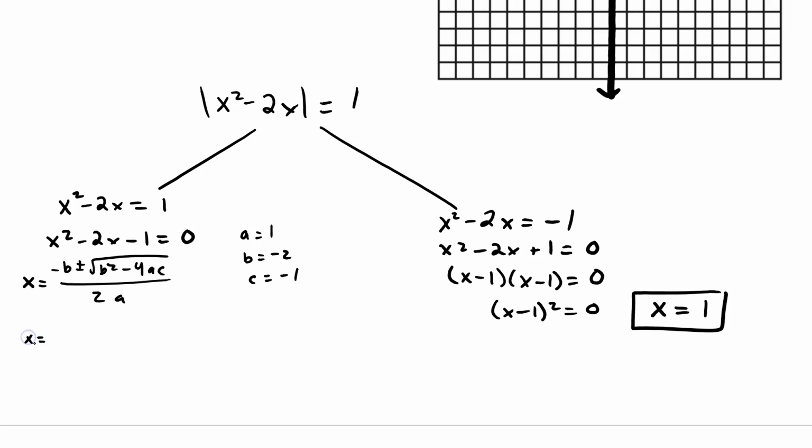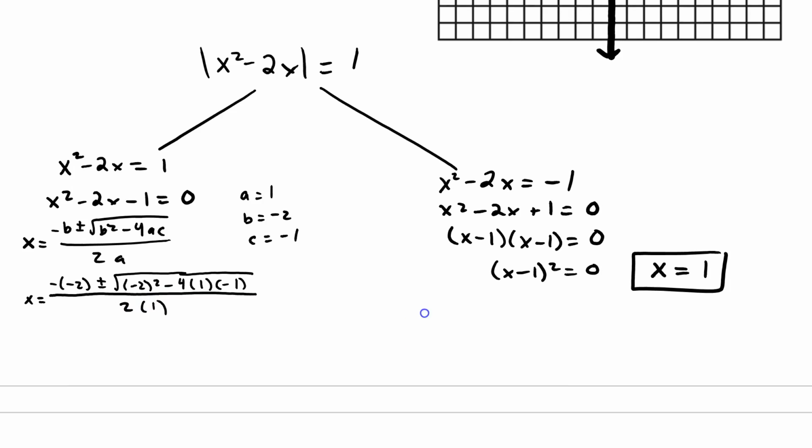X equals negative negative 2, plus or minus the square root of negative 2 squared minus 4 times a, which is 1, times c, which is negative 1, all over 2 times 1, which is a.